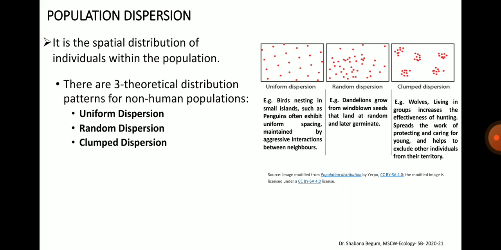The example cited here is wolves: living in groups increases the effectiveness of hunting, spreads the work of protecting and caring for young, and helps to exclude other individuals from their territory.